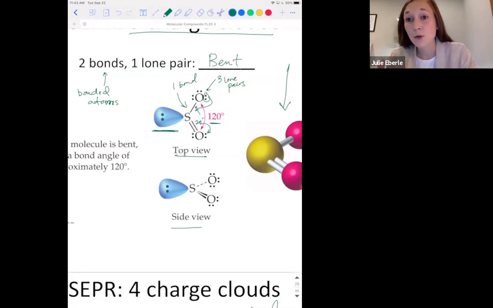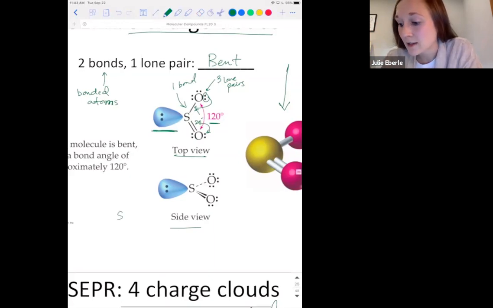Electrons are always moving. And so it spends equal time having double bonds to both of those oxygens. It's just that there's resonance, and because of the number of atoms and the way things are, the sulfur doesn't like to carry all of these bonds. That's a lot of electrons around the sulfur, plus it has its own lone pair.